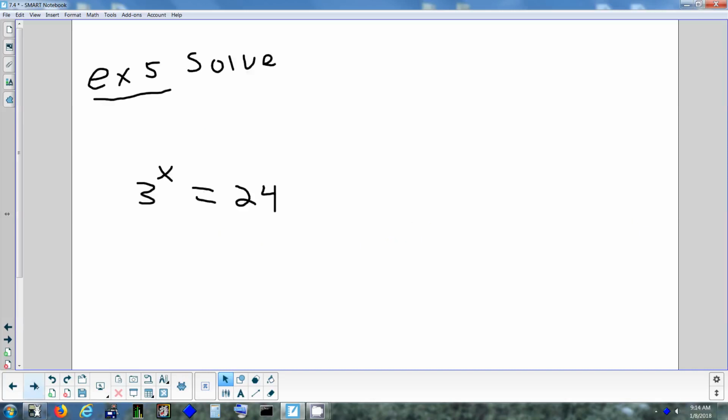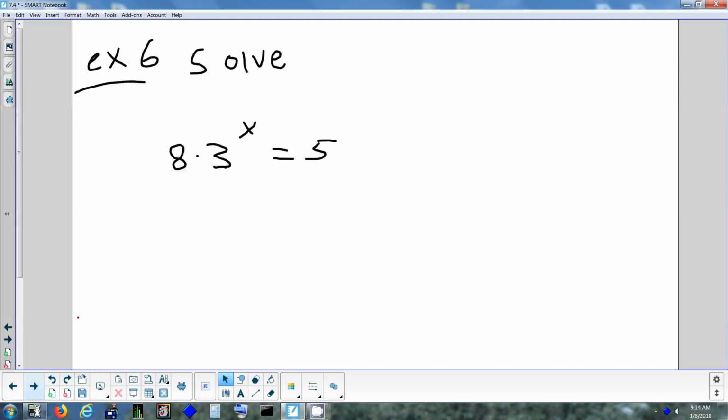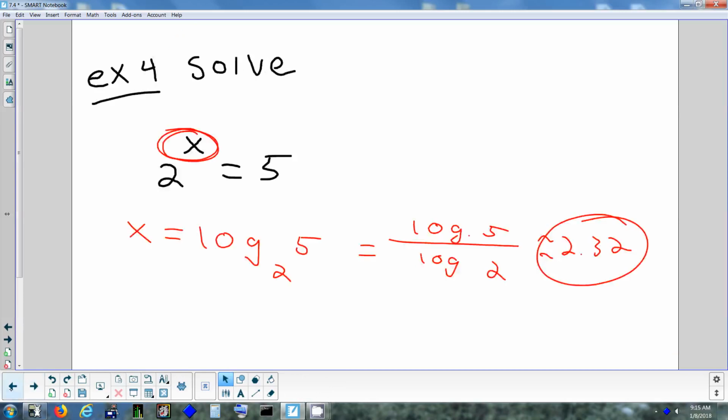All right, let's try the next one. It's pretty much the same, but it's like one extra step. You can call this example 5. Anyone think they know what the extra step you have to do first is in this problem versus a problem like this? Ashley?